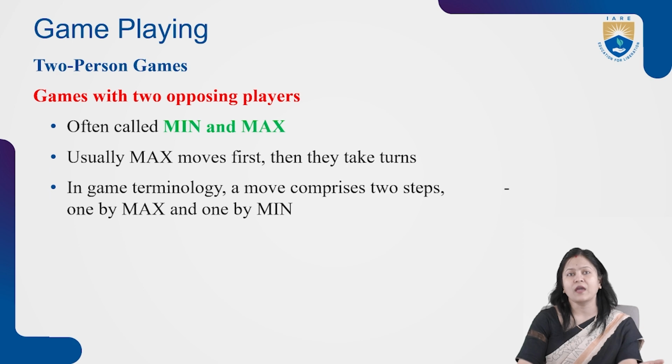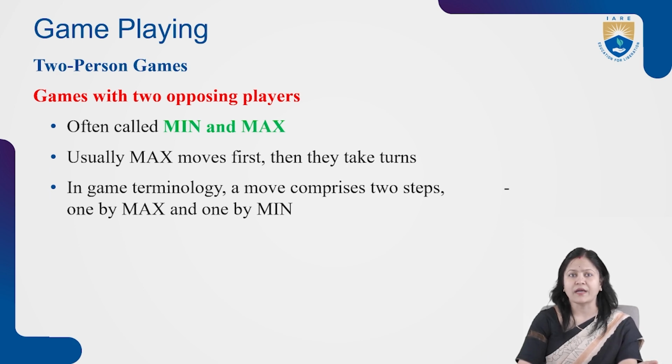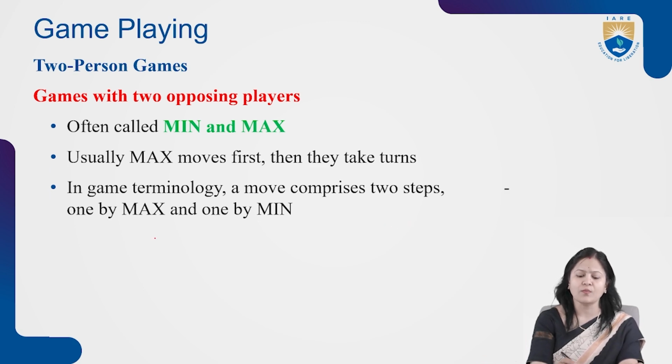Normally, Max moves first in every game. There is a 99% chance that the Max player will move first, then the Min player will play, and so on. This process gets continued. In game terminology, a move comprises two steps, one by Max and another by Min, and alternatively they move opponent to each other.